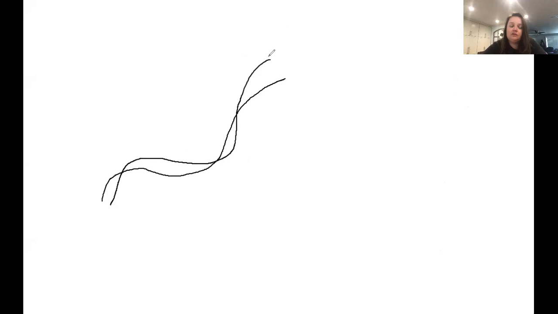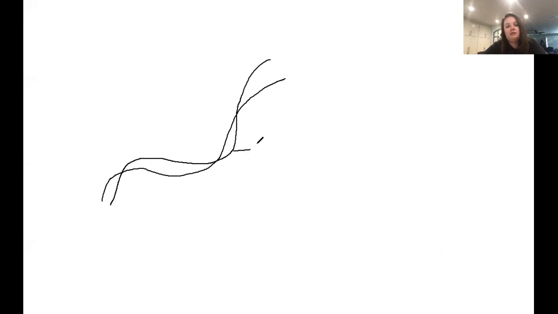Okay, so DNA is like this big long strand, right? You have big strands of it. And in your DNA, there's actually two separate strands that go together and they kind of twist in what we call a double helix. This is not the best version of this.